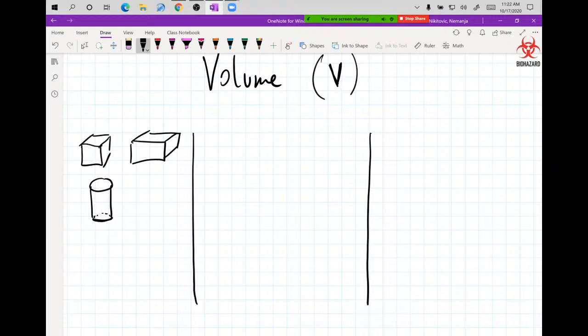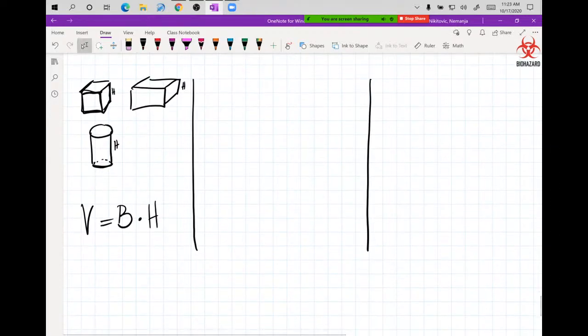All of these objects, and we'll see how these objects are different than the other ones in a group, all of these objects have the formula for volume of base times the height. So this will be your height of the object, and this is the area of the base.